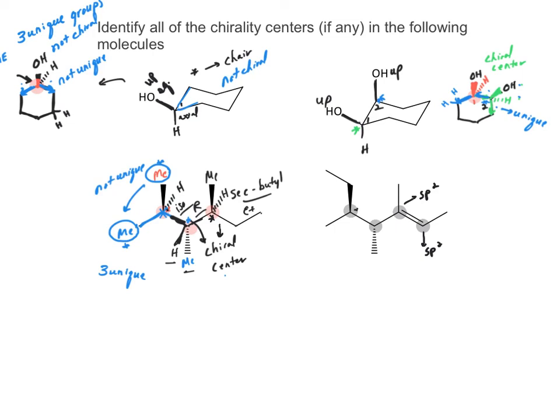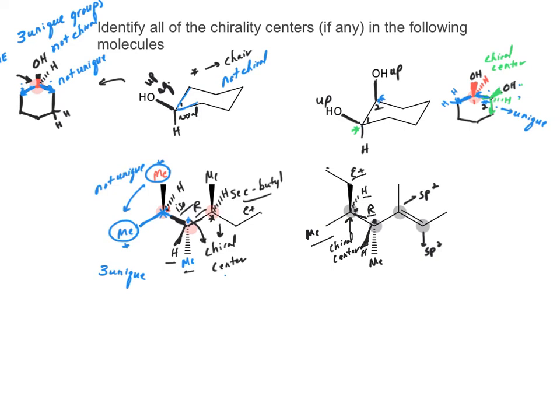Okay, so then if I go back to this guy, if we've got a 1, 2 carbon, an ethyl group on the wedge, that means we've got a hydrogen on the dash, we've got a methyl here, and then we've got other stuff, right? So ethyl, methyl, other stuff, and hydrogen. That is 4 unique groups, so this is a chiral center. And then finally with this guy, we've got a methyl group on the dash.